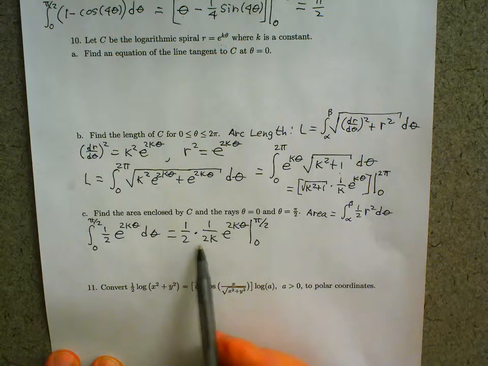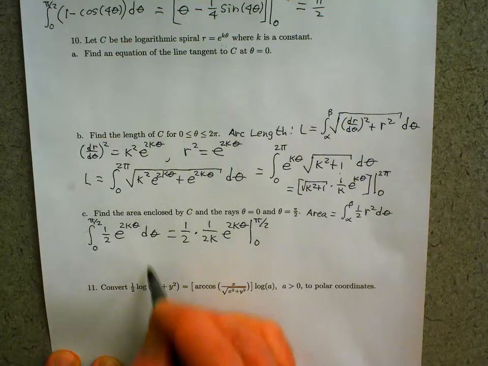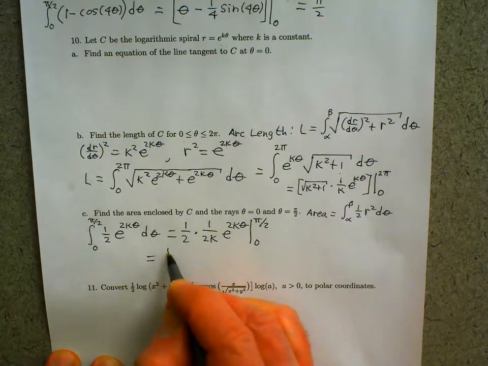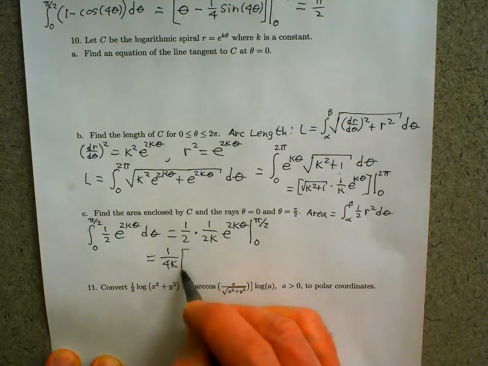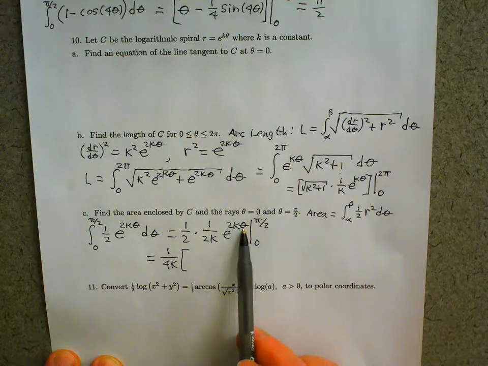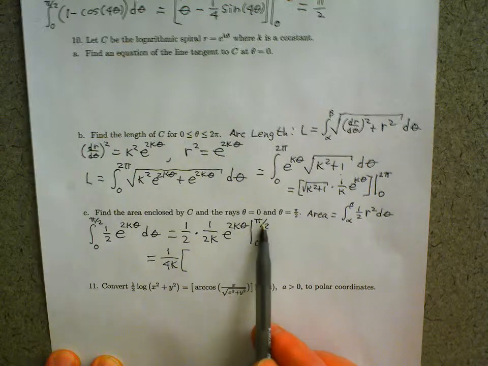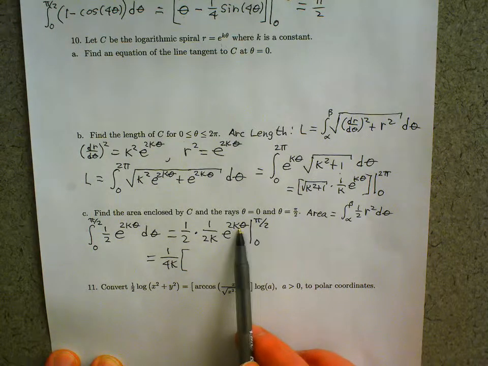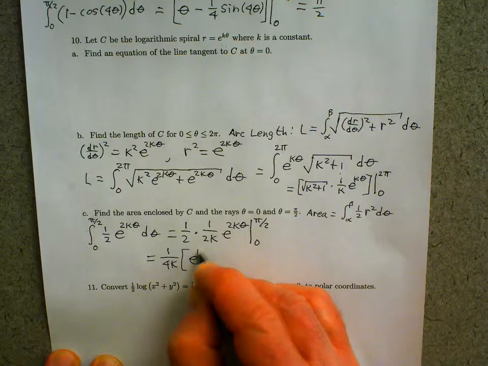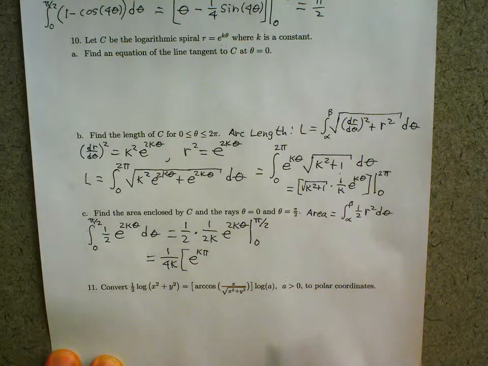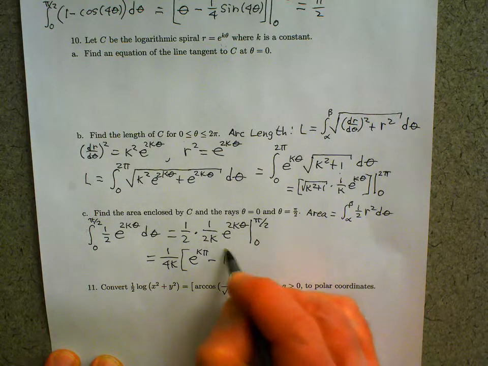So 1/2 times 1 over 2k is just the constant 1 over 4k. And then first replace theta with pi over 2. 2k times pi over 2 is e to the k pi. And then minus e to the 0, minus 1.